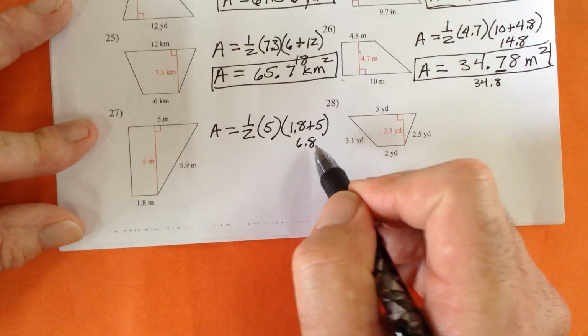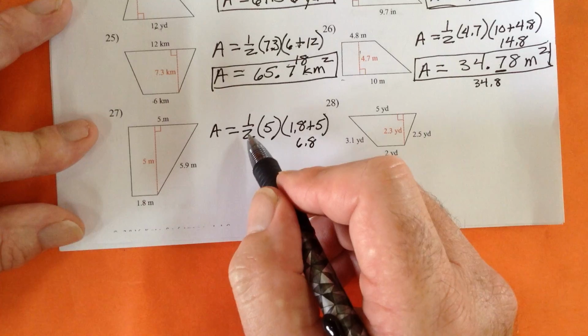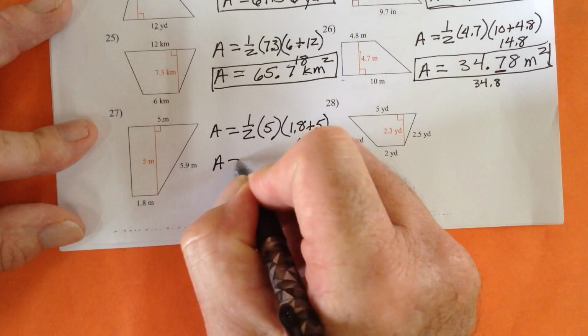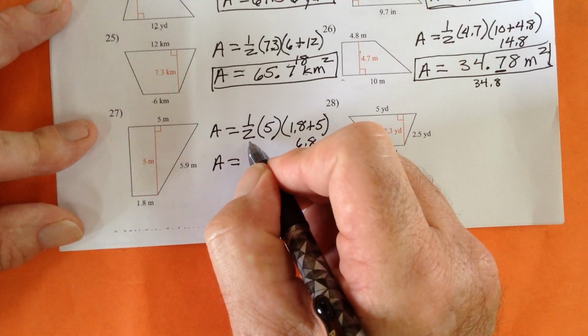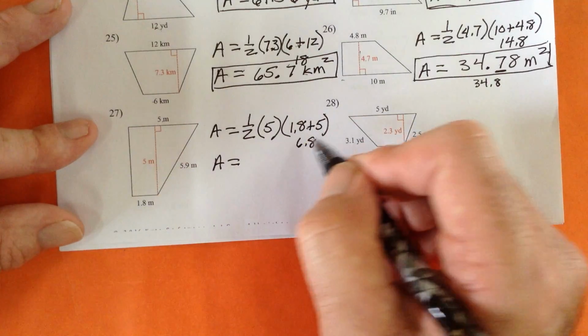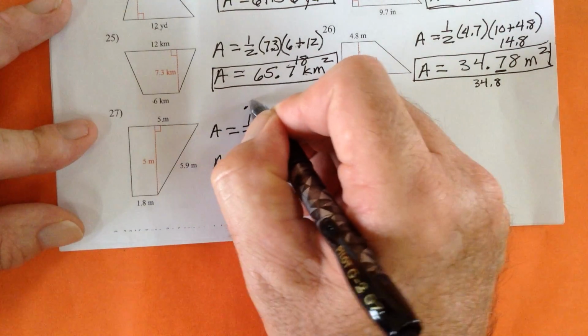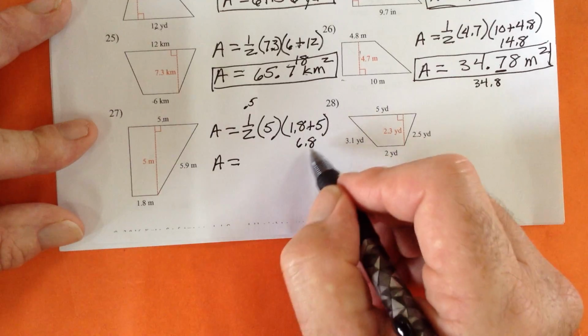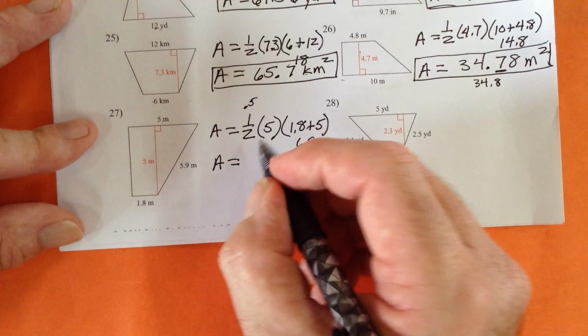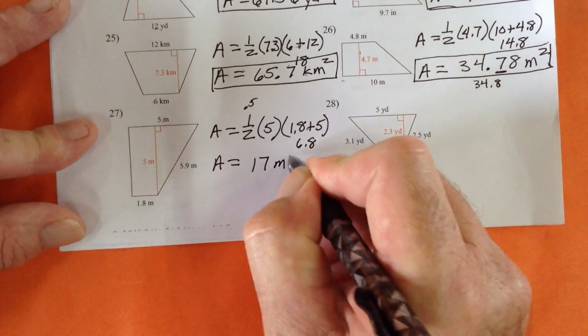Then you go 6.8 times 5 divided by 2, or you can go 0.5 times 6.8. That gave me 17 square meters.